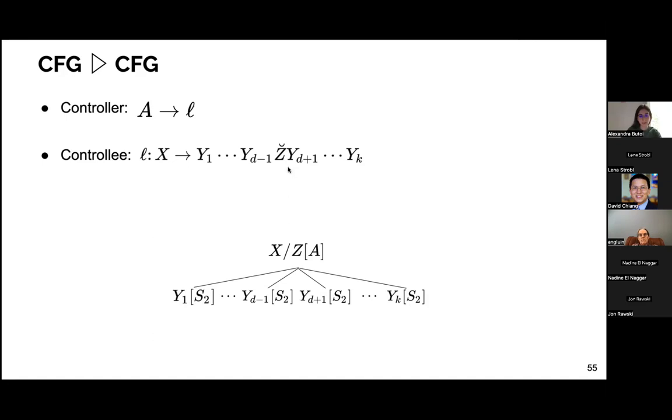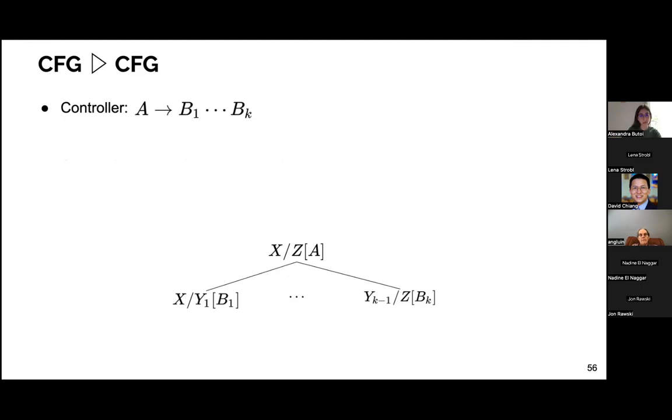And Z actually gets deleted, because the symbol A is rewritten as L, and at the same time the same rule is applied, so we get nothing here.